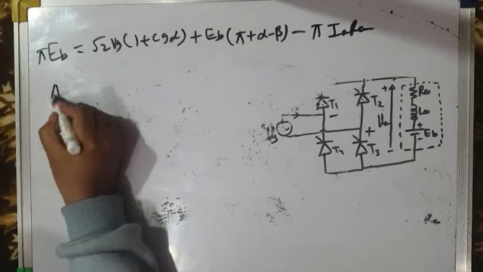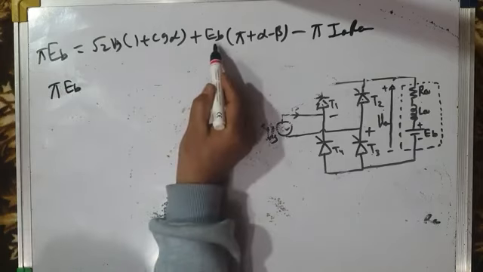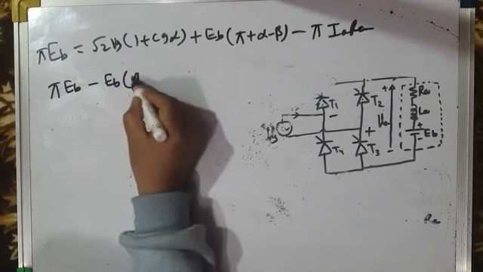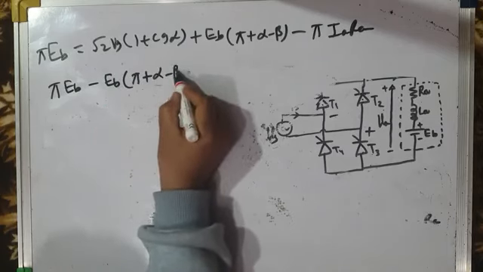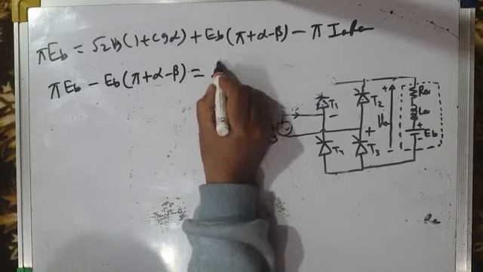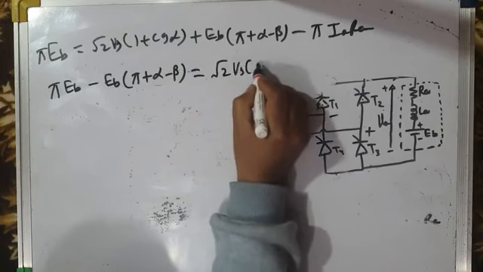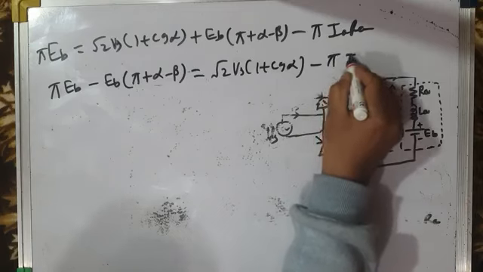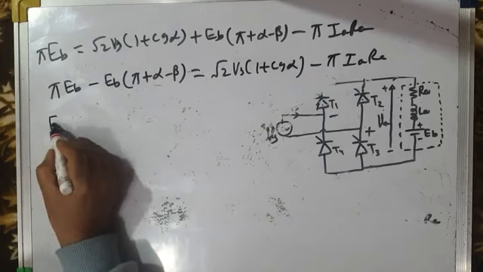So then pi EB, if I shift it to the left hand side, it will be minus EB times (pi plus alpha minus beta) is equal to, on the right hand side we will get root 2 Vs times (1 plus cos alpha) minus pi Ia Ra. So from these two terms I will take EB common.